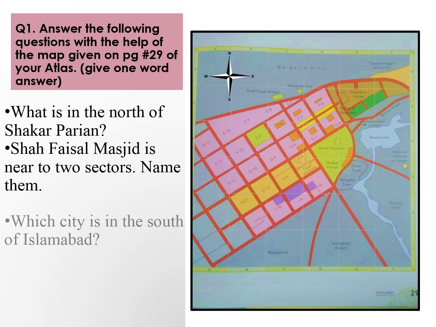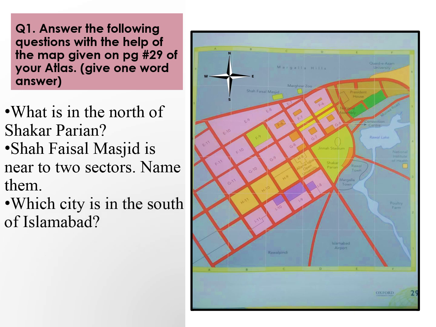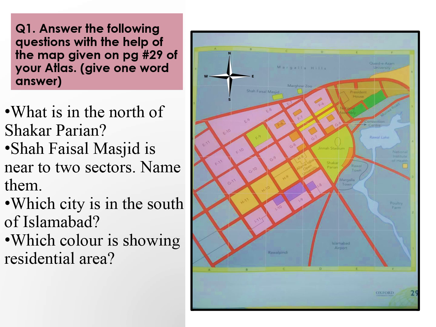Question number 3. Which city is in the south of Islamabad? Islamabad itself is a city, but by looking at its south, you have to find out the city that lies there. Question number 4. Which color is showing residential area?